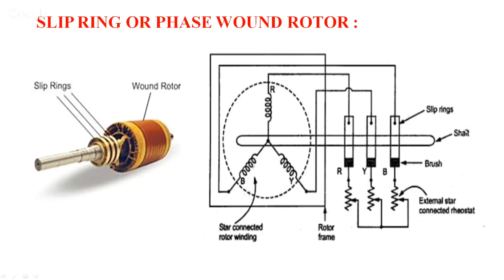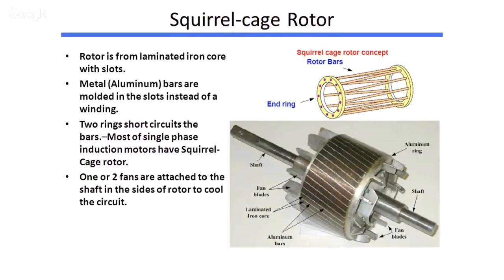So by varying the resistance, we can control the speed of the machine. So this is the squirrel cage rotor.